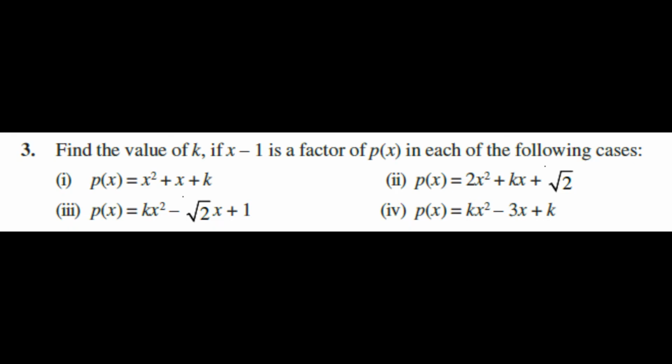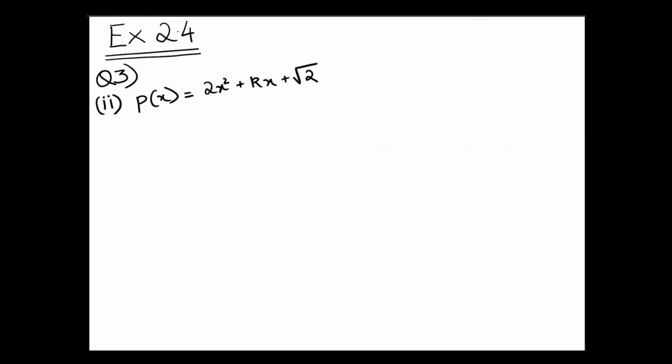Now the second part says p of x is equal to 2x square plus kx plus root 2. Now again, using factor theorem, we know that if x minus 1 is a factor of this polynomial, the value of p of 1 should be equal to 0.